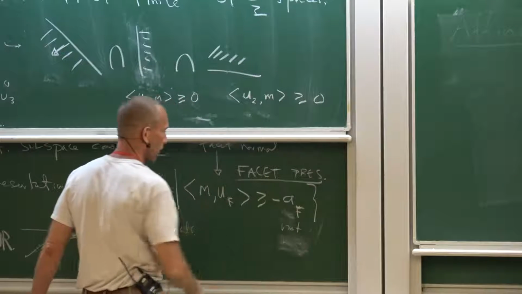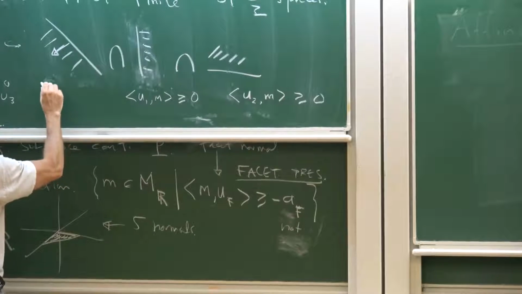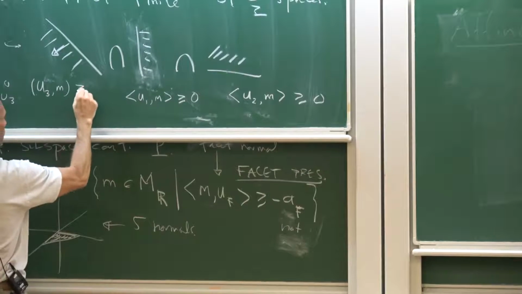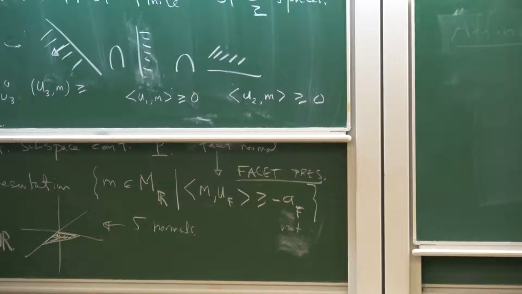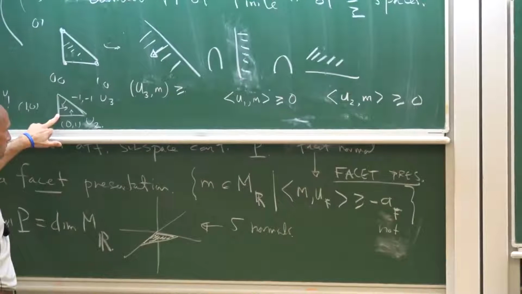Those are not particularly enlightening on whether A_F has to be positive or negative. But here, the inner product of U3 with M has to be greater than or equal to what? If I'm on this line and it's in the polytope, the point (1, 0) is in my polytope. When I dot it with this, I get minus 1. If I take (0, 0) and dot it, I get 0.